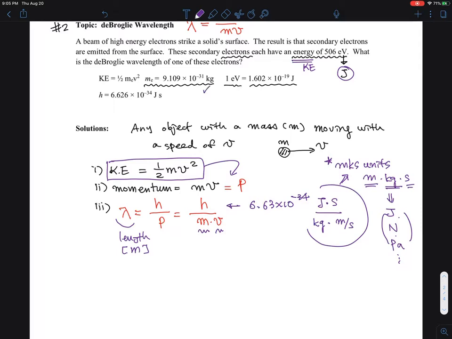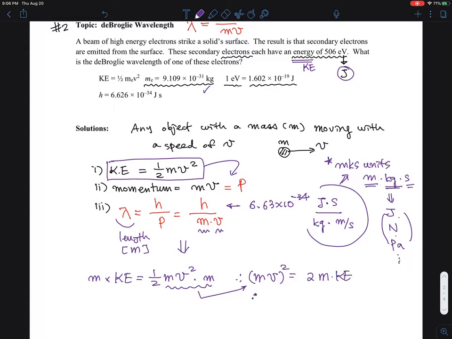But there is a modified equation: kinetic energy is one half mv squared, so let's multiply by the mass of the electron on both sides. Then m squared v squared is 2 times the mass of the electron times the kinetic energy.